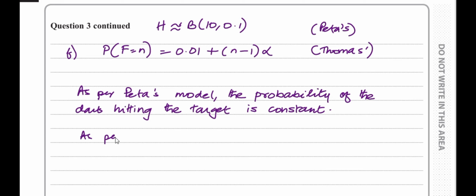As per Thomas' model, the probability increases with each attempt.